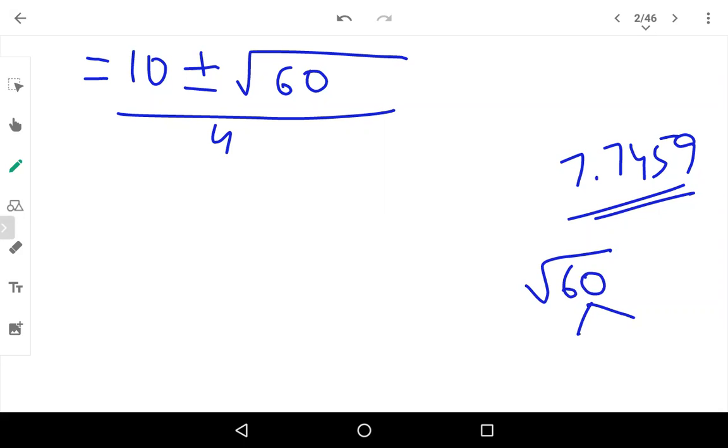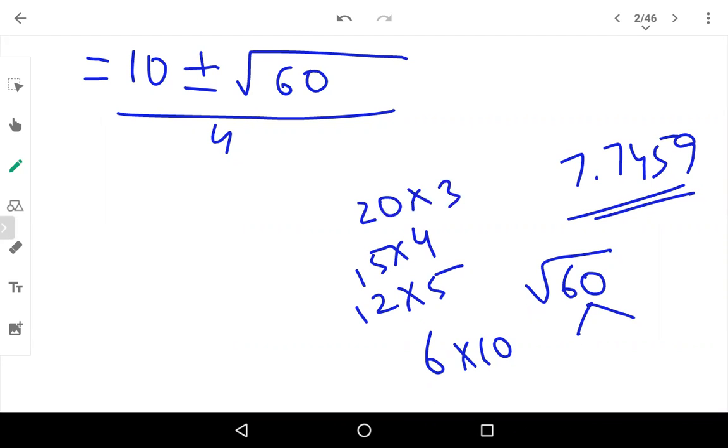Now try and find the factors of 60. 6 into 10, but you can't take this. 12 into 5, this also is difficult. 15 into 4, 20 into 3, and 30 into 2.